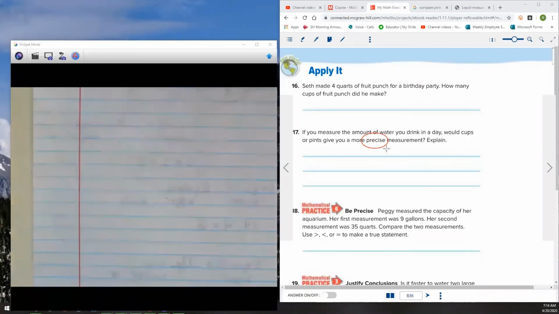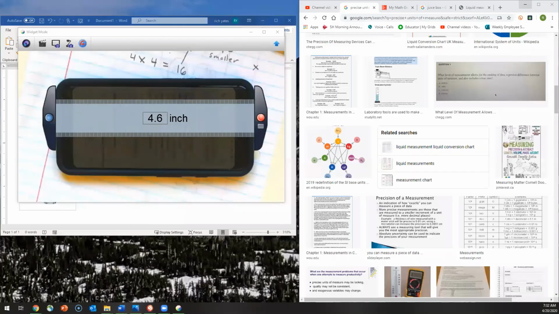Precise means more accurate, the closer to the actual amount. Smaller units of measurement will give you a more precise measurement of exactly how much water or liquid is inside anything versus a larger unit of measurement.